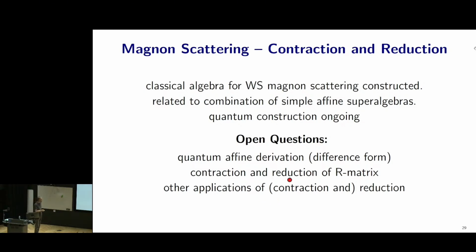We would like to know how the quantum R matrix can be contracted and reduced in much the same way as we did it for the classical picture, and I'd always be curious about other applications of this reduction procedure, where you take an algebra, but not just an algebra, an algebra with a co-algebra that is a bi-algebra or a Hopf algebra.